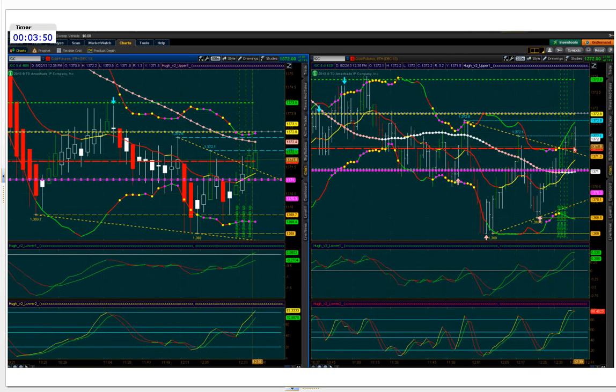So I think what you're going to actually see here later is that this will break to the upside. It's looking like it wants to, but it's going to take a while. See this compression squeeze? This is on a 400 tick. Now let me show you just longer term, the other things that I like to look at.